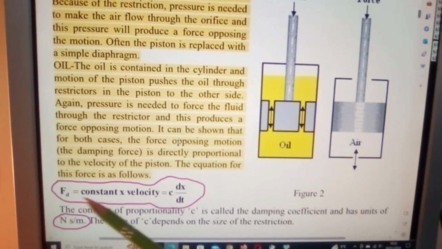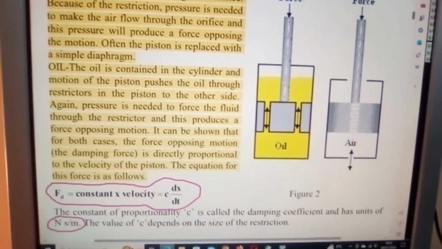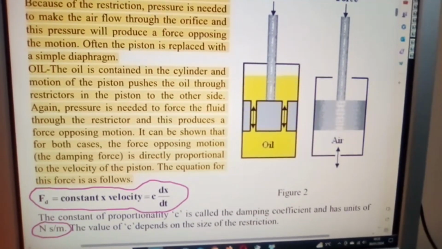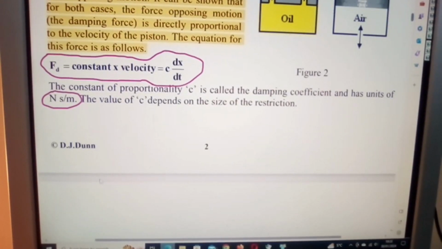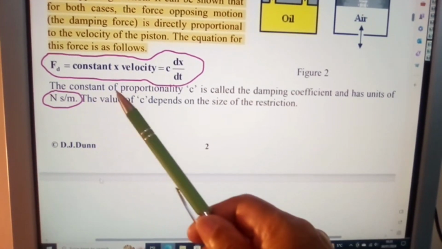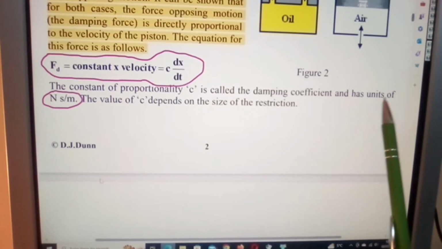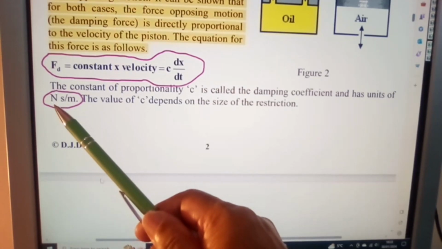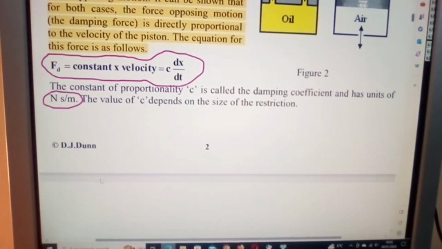The equation for this force is as follows. And here's our formula. The constant of proportionality, C, is called the damping coefficient and has units of, and here are your units. The value of C depends on the size of the restriction.